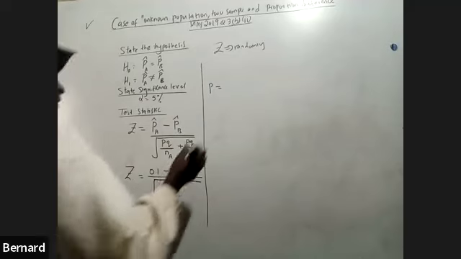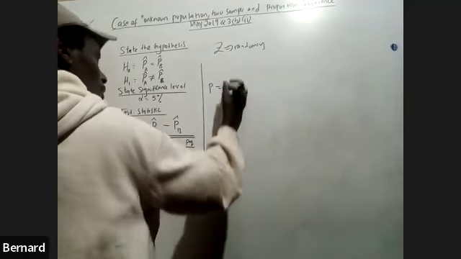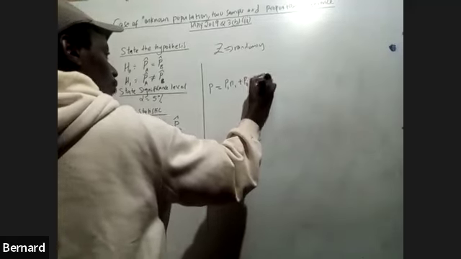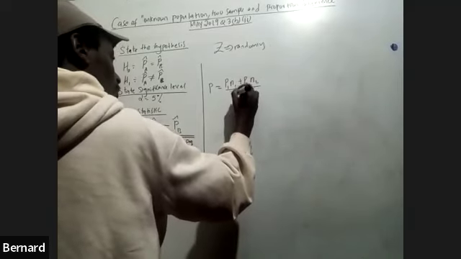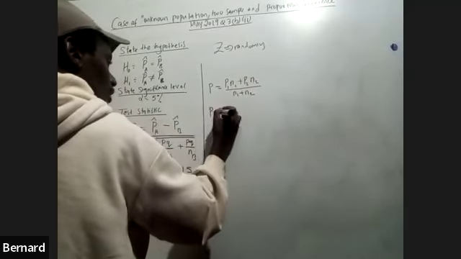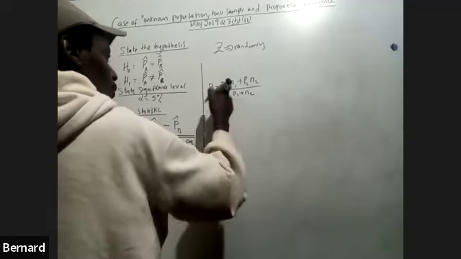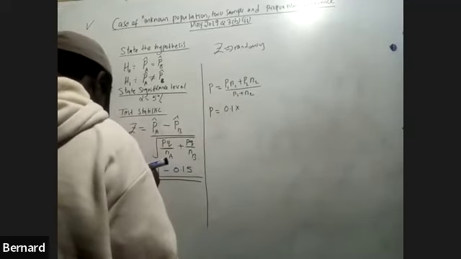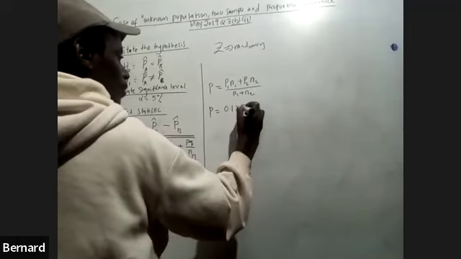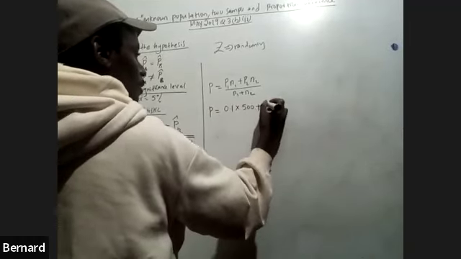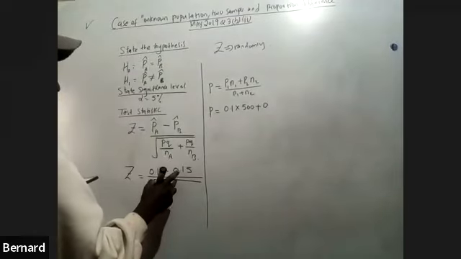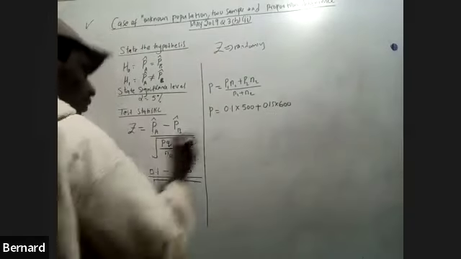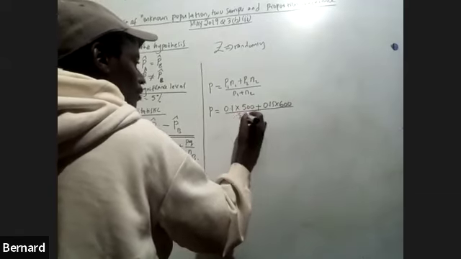So the formula to find P is equal to P1 times N1 plus P2 times N2 over N1 plus N2. In this case, what are they? P1 is 0.1, N1 is 500, plus P2 is 0.15 times the sample size 600, over 500 plus 600.